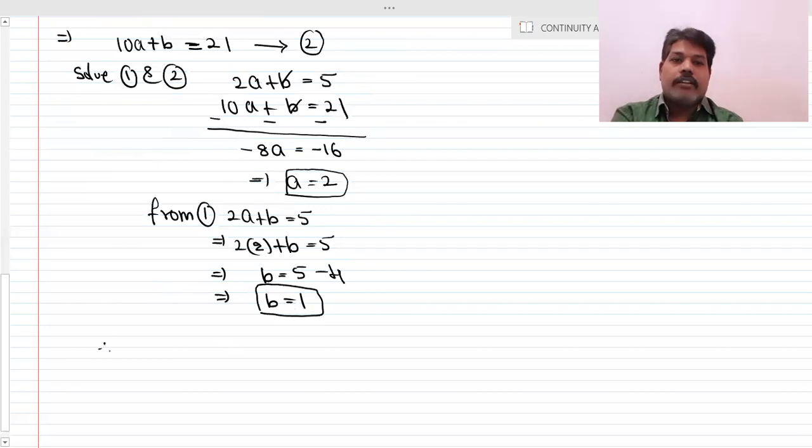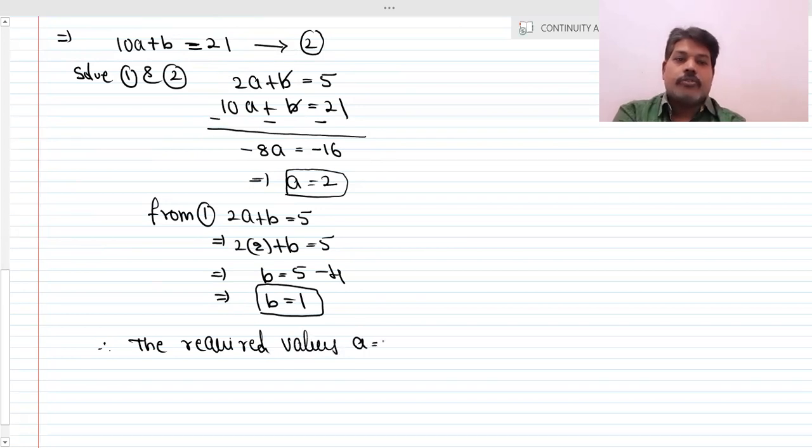Therefore, the required values are a is equal to 2 and b is equal to 1.